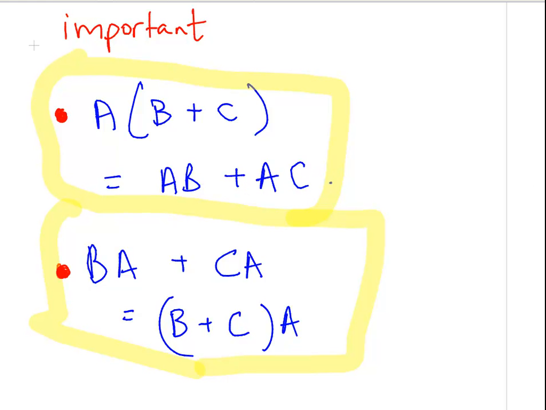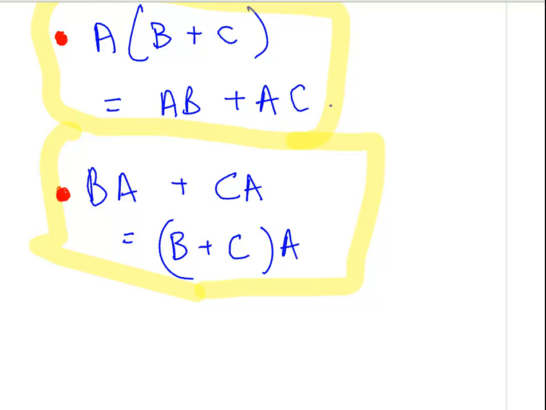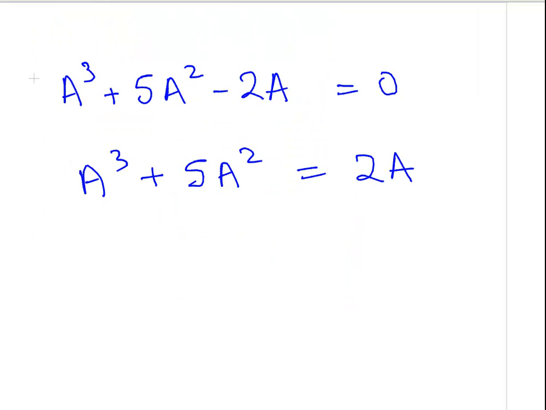As a consequence, we might work this in reverse: ba plus ca can be written as (b plus c) times a. Now, there are some tricks involved and some logical progressions in what I have planned, and this is the rationale behind them, just to spell out exactly what we're doing in terms of the basics.